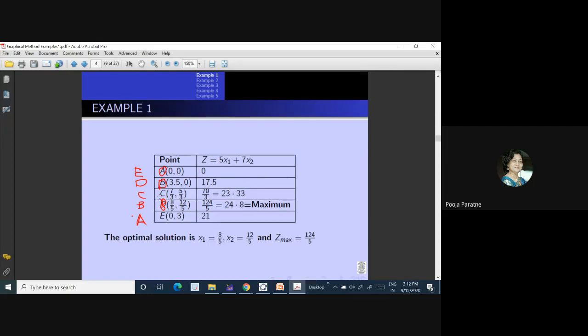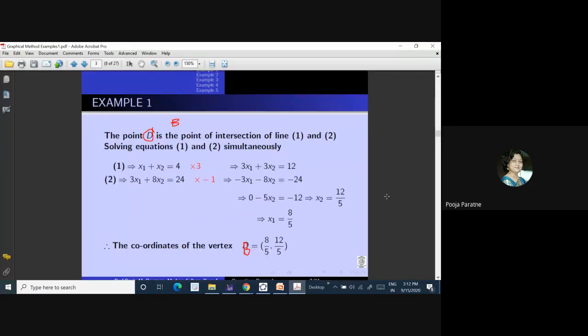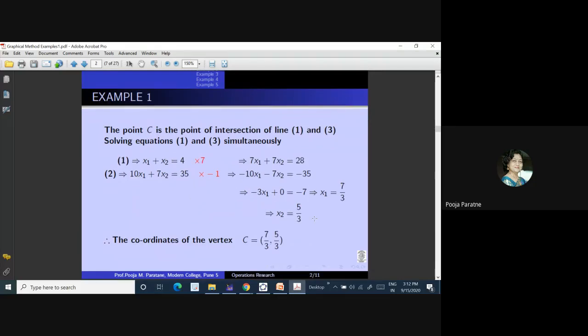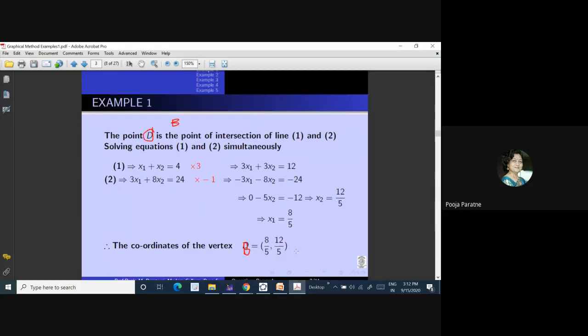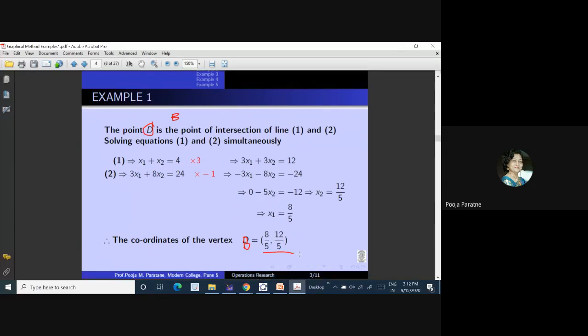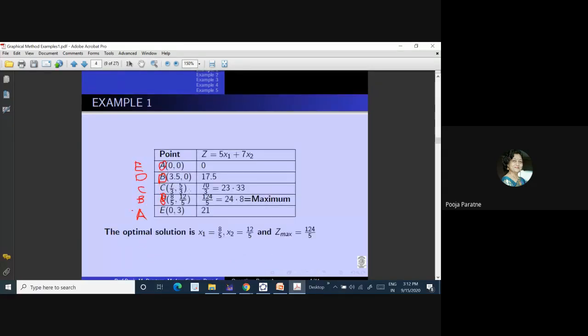For C, the coordinates of C are, let me show you. Here this was B and this was C. C is 7 upon 3, 5 upon 3. B is 8 upon 5, 12 upon 5. Look, 7 upon 3, 5 upon 3. And substituting in Z, we will get 70 upon 3, which is nearly equal to 23.3.